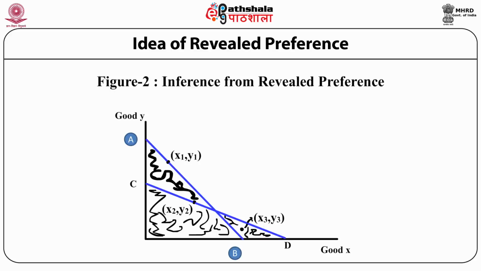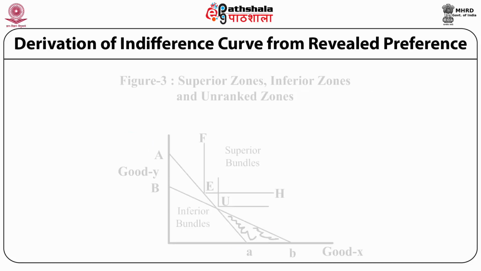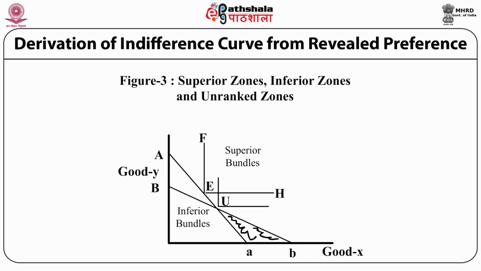The shaded area represents the bundles below the line AB and also below the line CD. The inference we can draw from this revealed preference is that the indifference curve for the consumer should not encroach upon the shaded area, or in other words, the indifference curve should lie above the shaded area. On these lines, we can observe different demanded bundles of the consumer at different budget lines, and we can narrow in on the area through which his or her indifference curve would pass.